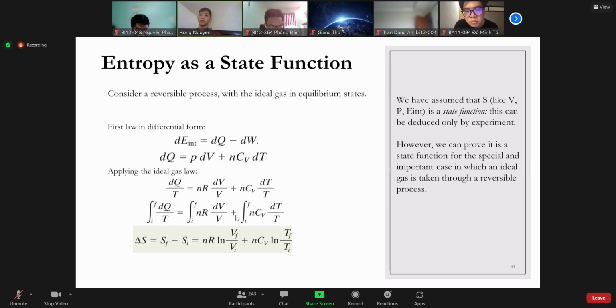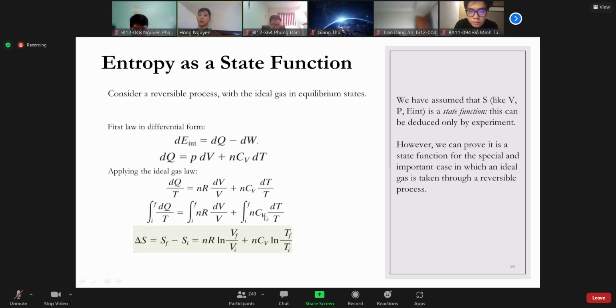We have the initial volume, the final volume, right? And it depends only on the initial state and the final state. Here we do not specify a specific reversible process, so it should hold for any reversible process.